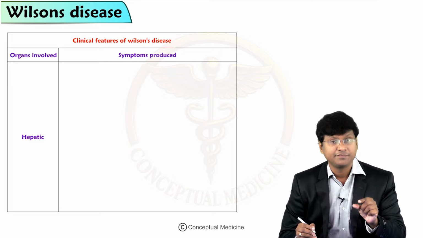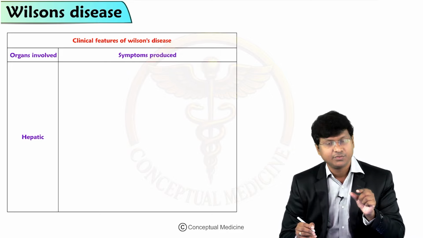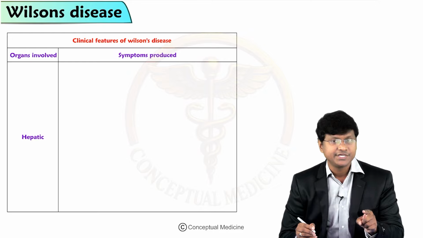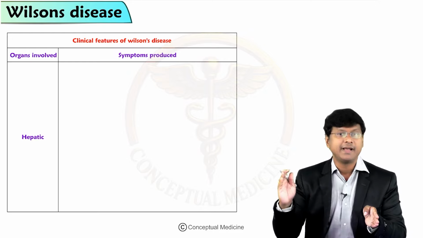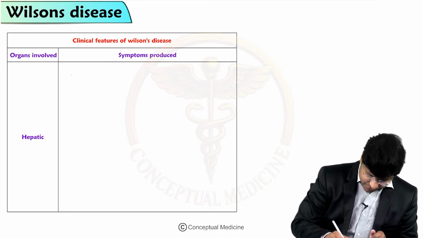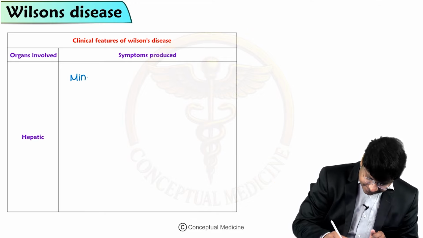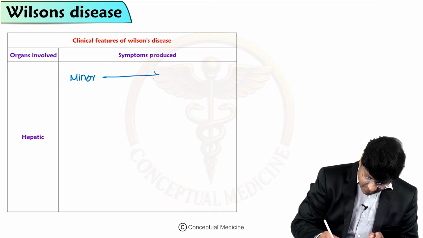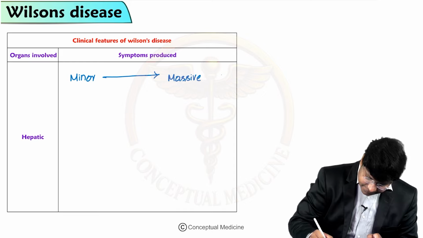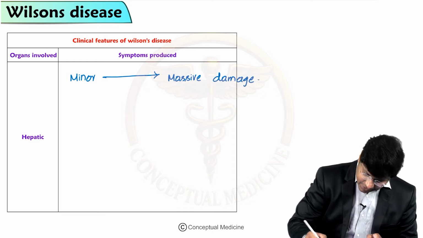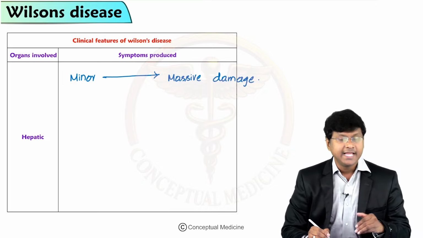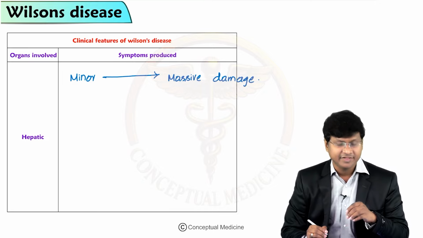The liver often bears the brunt of the injury in Wilson's disease, with hepatic changes ranging from relatively minor to massive damage. And what are the changes that you will have in the liver?